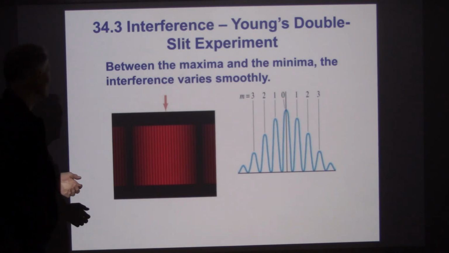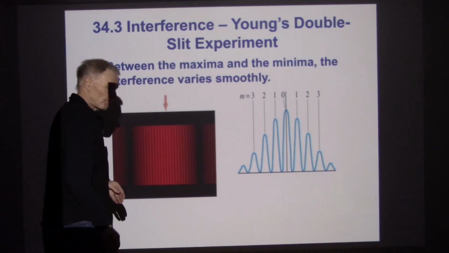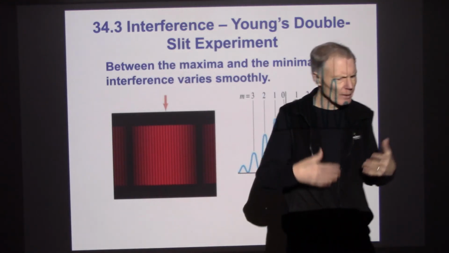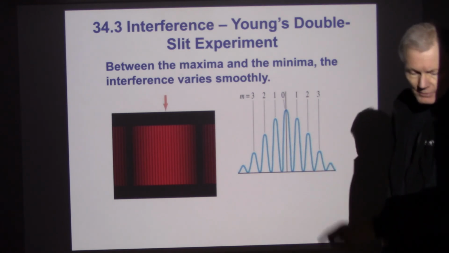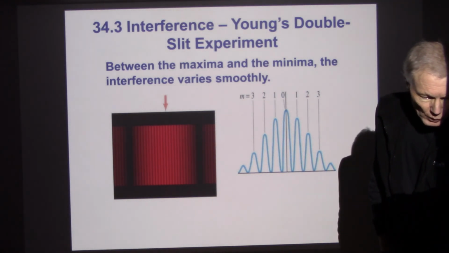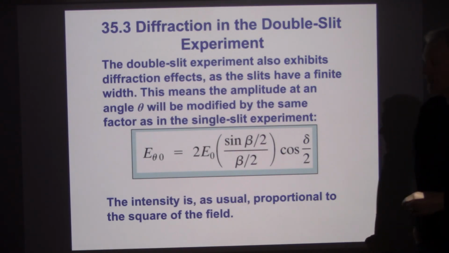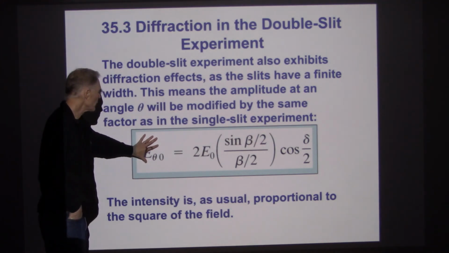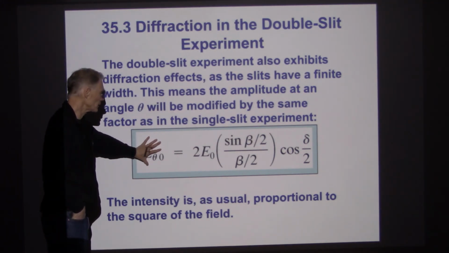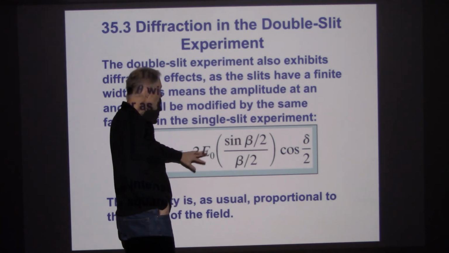Okay, so what we want to do is combine those two effects together so that we can make a prediction mathematically as to what that intensity looks like. That's what they've done here. They've said the amplitude, the electric field reaching the screen, has, well, here's the two-slit effect.